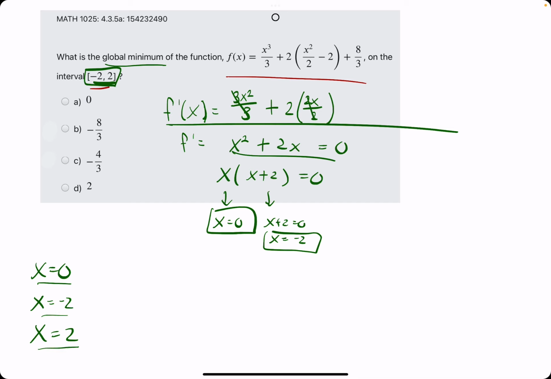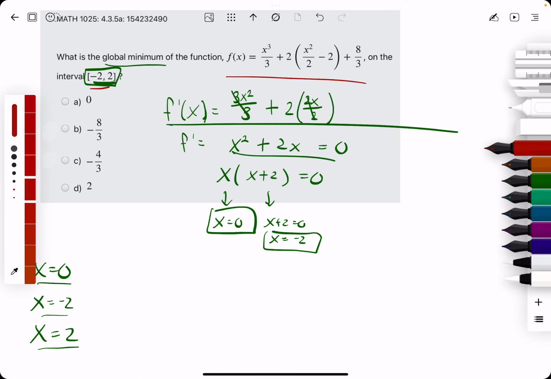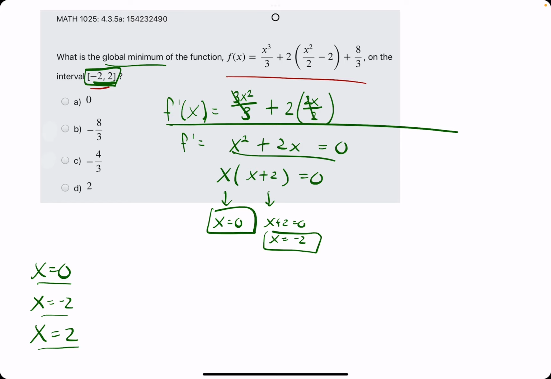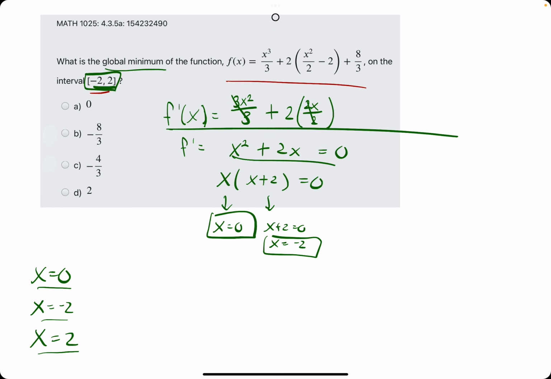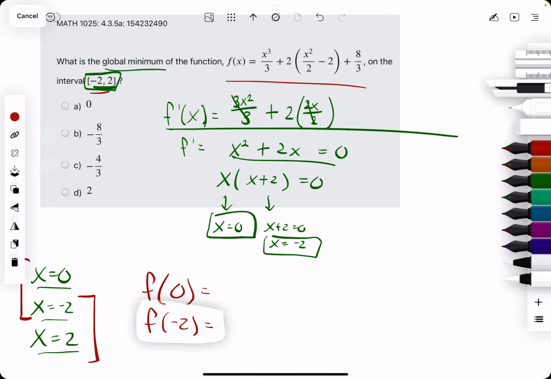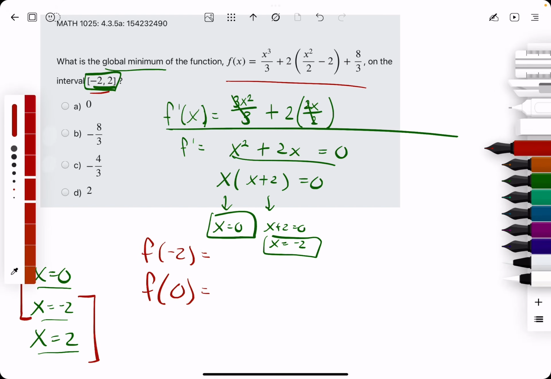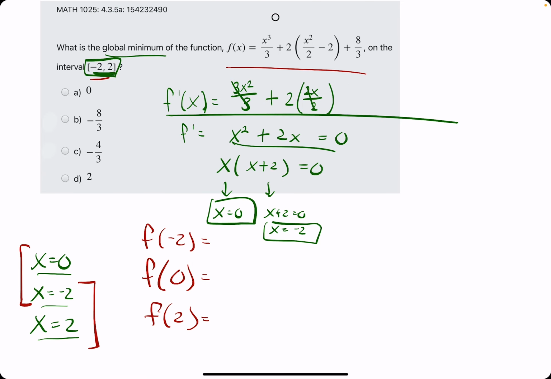Now, we know these are the 3 possible locations for a global minimum, our critical points and our endpoints. We will plug these values into the original function f. I may swap these around to be in order here. So we're finding f of -2, f of 0, and f of 2.